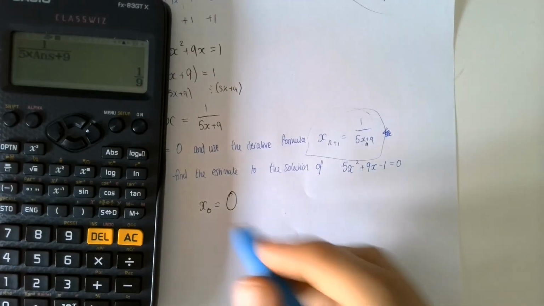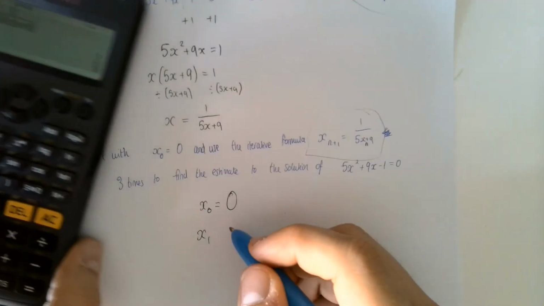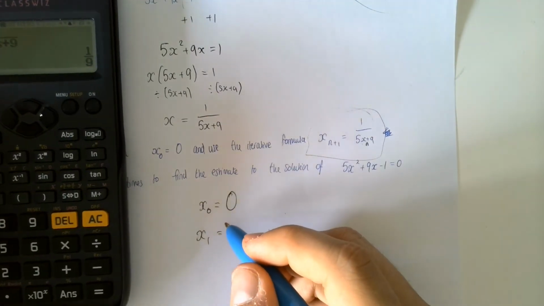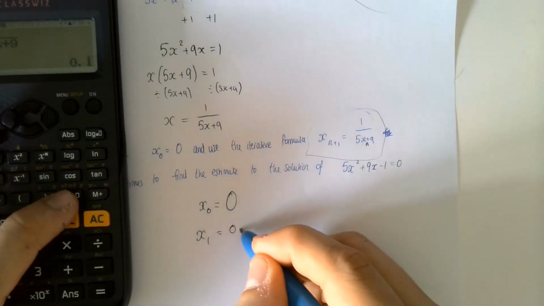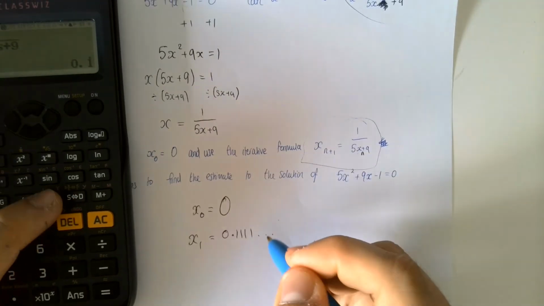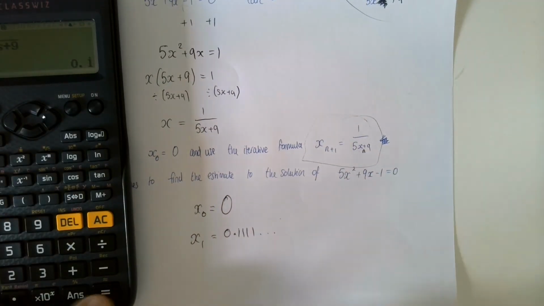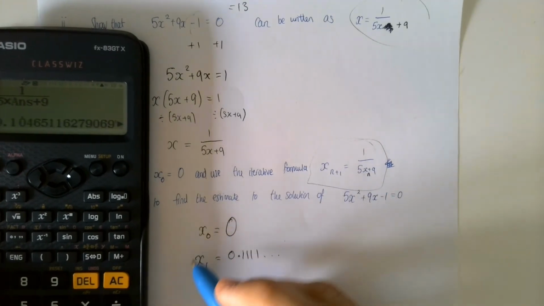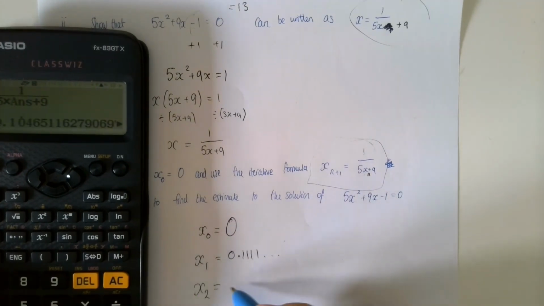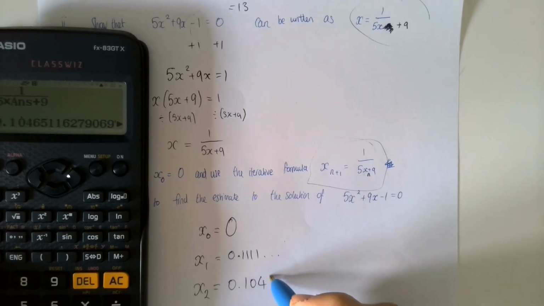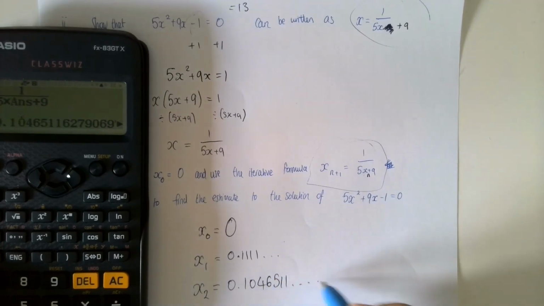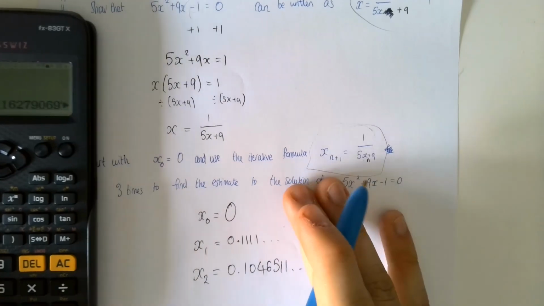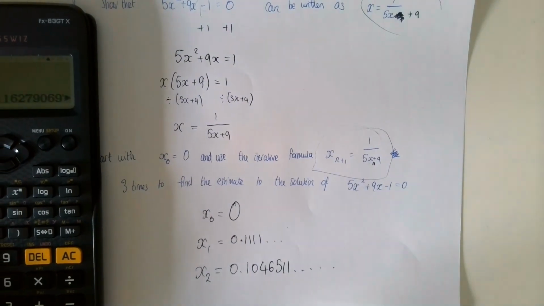Okay, and if I press equals, it gives me x1 is 1/9, or 0.1111. Press equals again and it will carry out my next iteration. x2 is 0.10465111, etc. Notice it says use the iterative process 3 times.